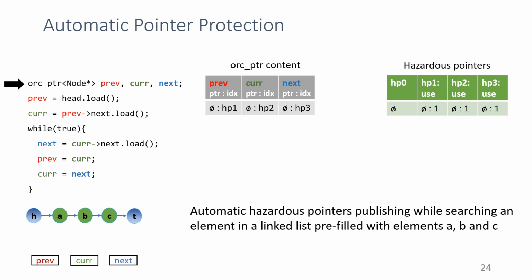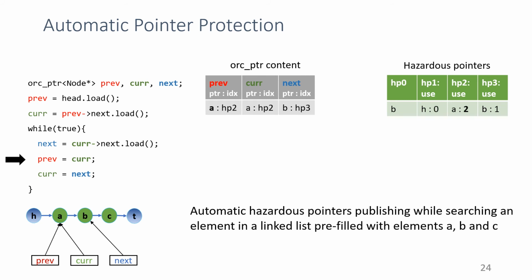It starts by prev, cur, and next being assigned HP1, HP2, and HP3. Head load is published in HP0 and copied to HP1. Then A is published in HP0 and copied to HP2. Then B is also published in HP0 and copied to HP3.